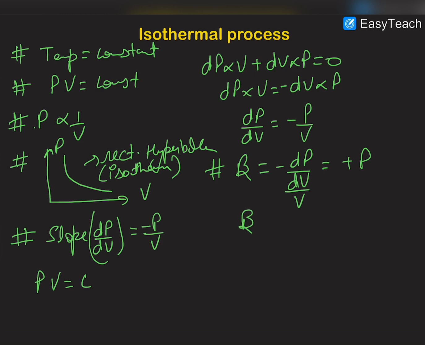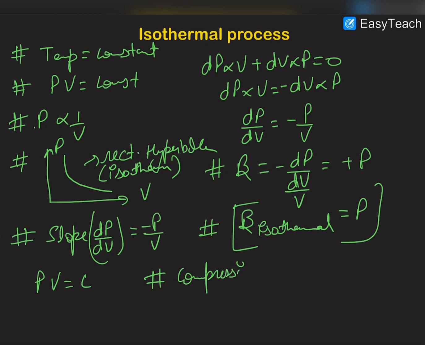So isothermal bulk modulus is equal to the pressure of the gas, and the compressibility, we know that the compressibility is equal to 1 upon bulk modulus, and therefore it is 1 upon pressure.